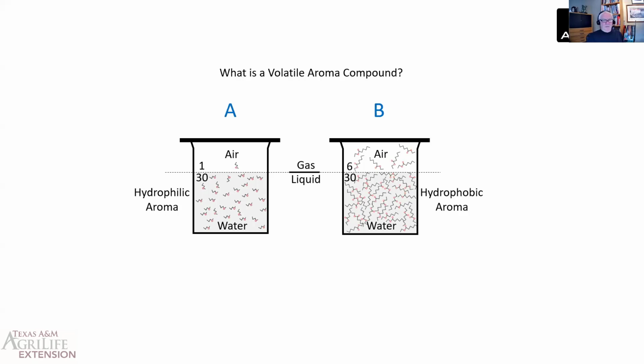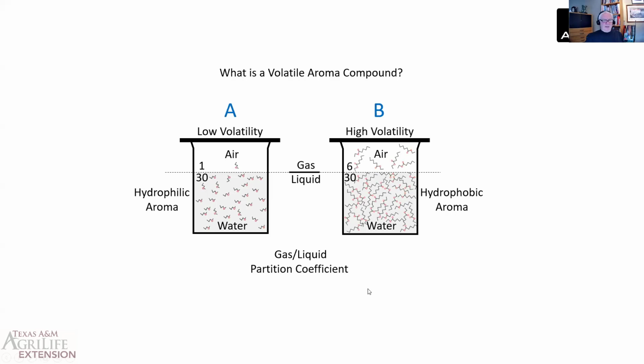In beaker B, we would call a hydrophobic aroma compound because it doesn't like staying in water and tries to escape into the surrounding air. So this gas-liquid ratio is called the partition coefficient, and it gives us information about the volatility. So hydrophilic compounds generally have low volatility, and hydrophobic compounds have higher volatility.